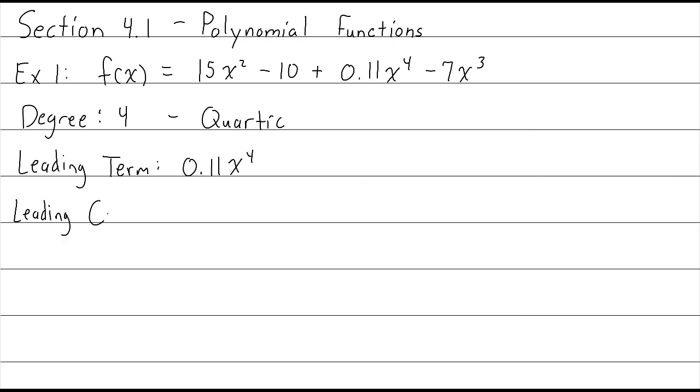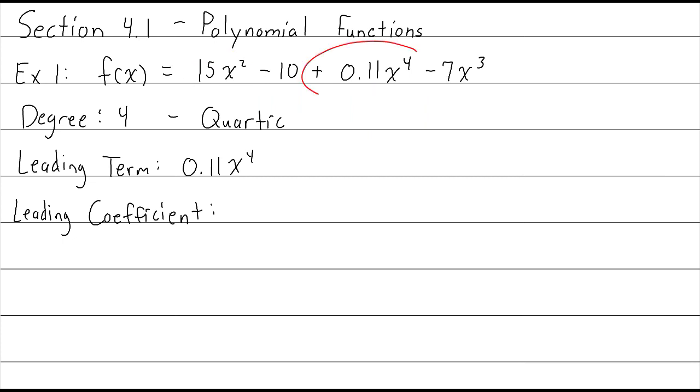So maybe we should talk about what a coefficient is, and then we can say what the leading coefficient would be. A coefficient, if you don't remember, is the number that's sitting in front of an x, or a variable. If you take the number off of it, that's the coefficient. The coefficient for this term right here would be 15, where x squared would be the variable.